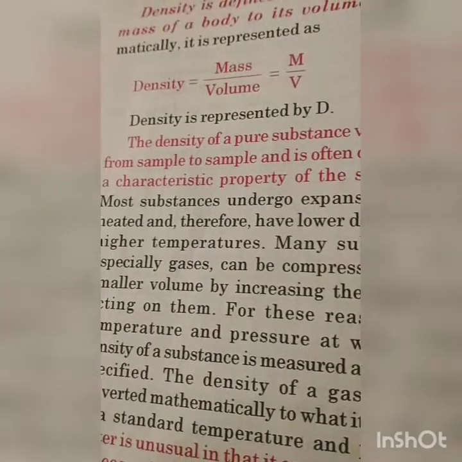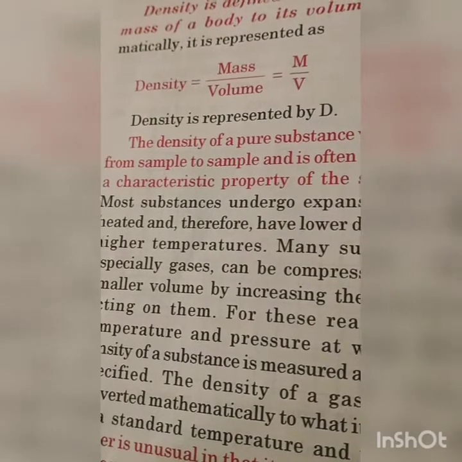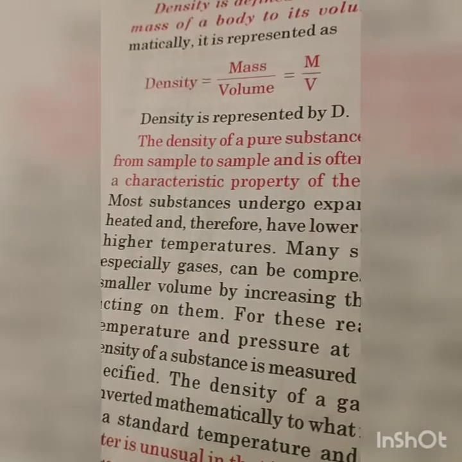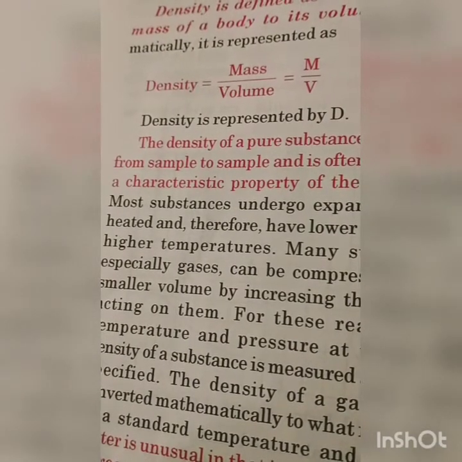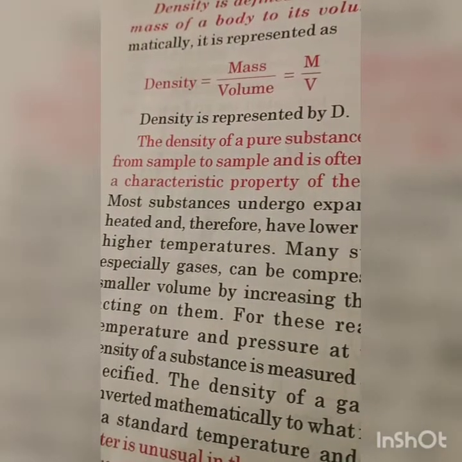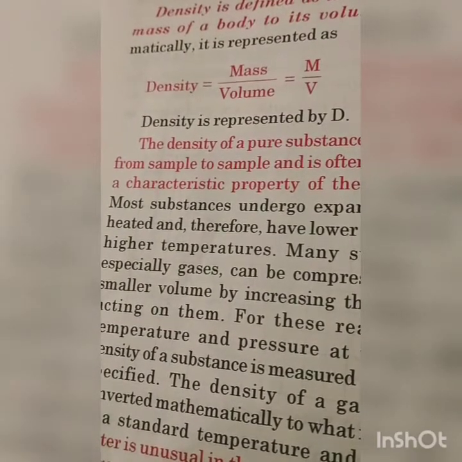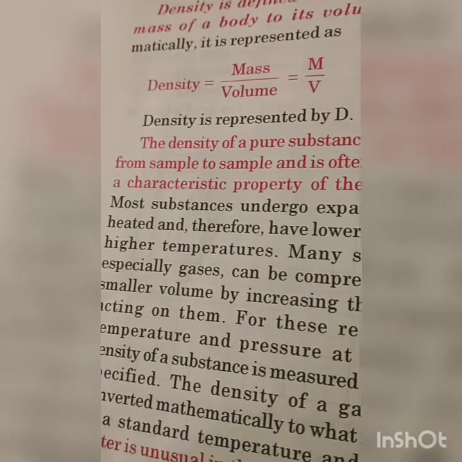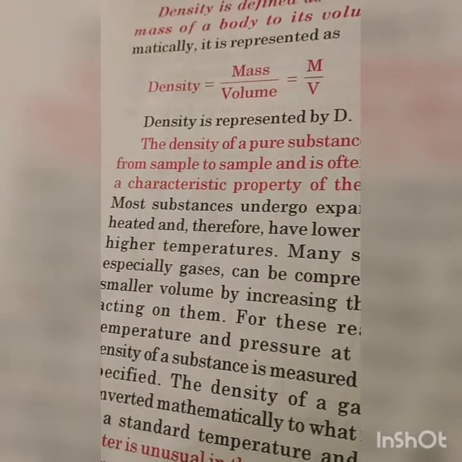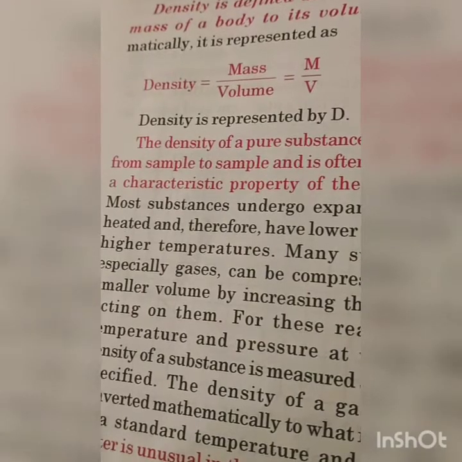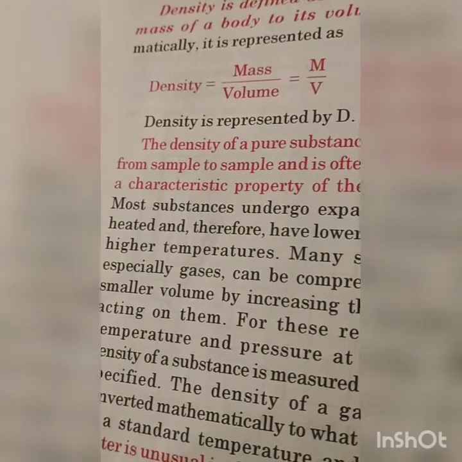Same with pressure. If you compress a substance which can be compressed, like gases, their volume decreases, so the density increases. So temperature and pressure have their effect on density, so they need to be considered.